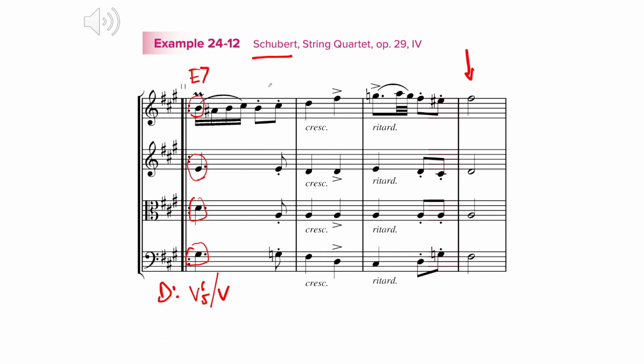And here we have A7 in the third inversion, which is our 5 chord, dominant chord. And then here we have D major, which is the tonic chord in first inversion, in root position, 5-3. We should write both.